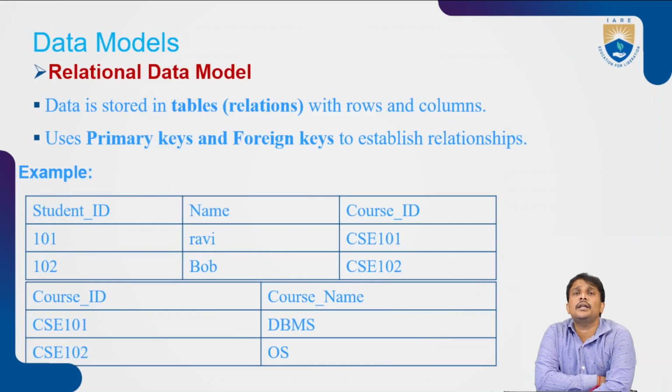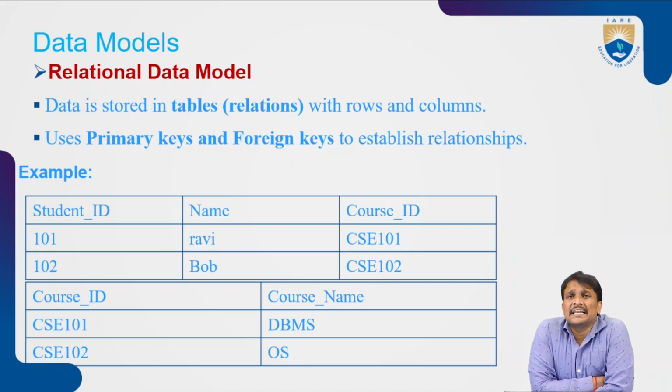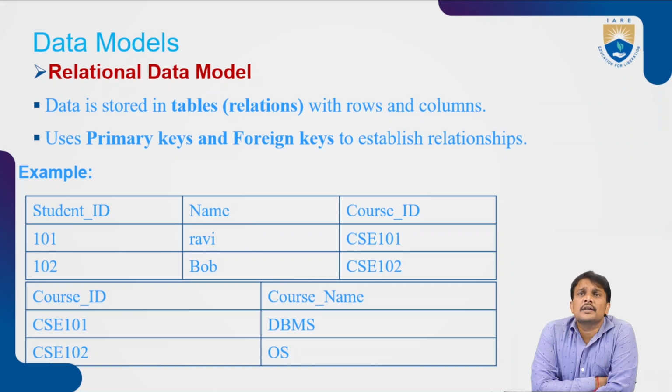Next one, a relational data model. In the relational data model, the data is stored in tables, in which the table consists of rows and columns, and we apply keys like primary key and foreign key to make a relationship between the attributes. See the example.